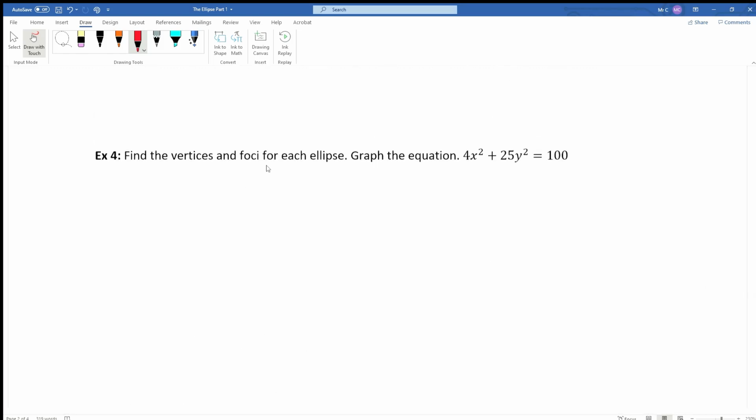Find the vertices and the foci for each ellipse. Graph the equation. So in this case, our equation is not in standard form. So we've got to get it in standard form, and we're going to do that by getting rid of all of these constants in front of x squared and y squared, so that we just have x squared over something and y squared over something.